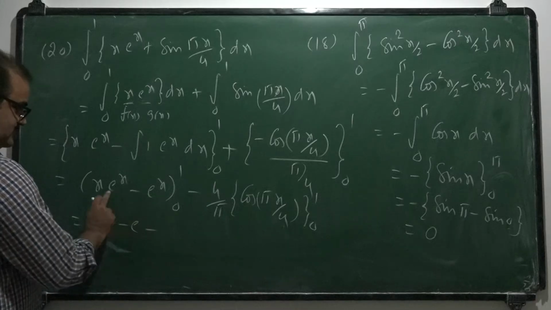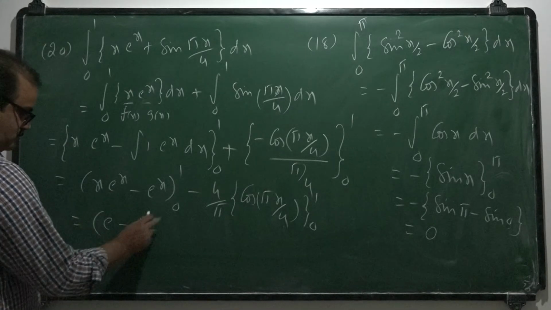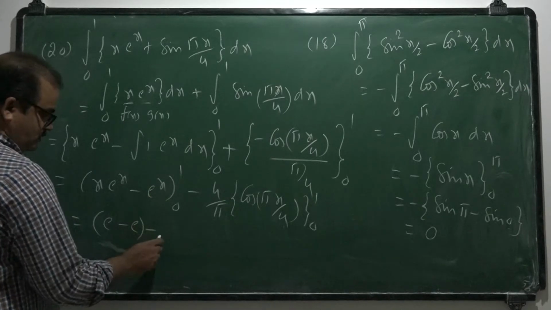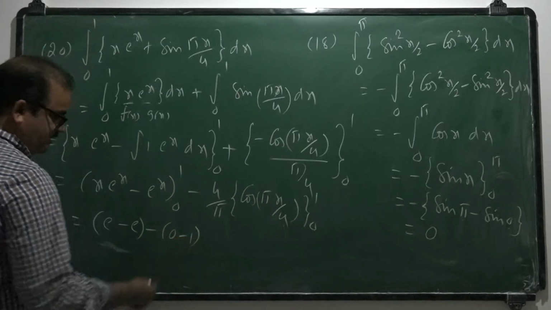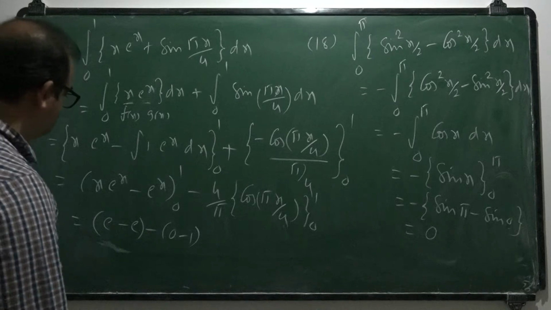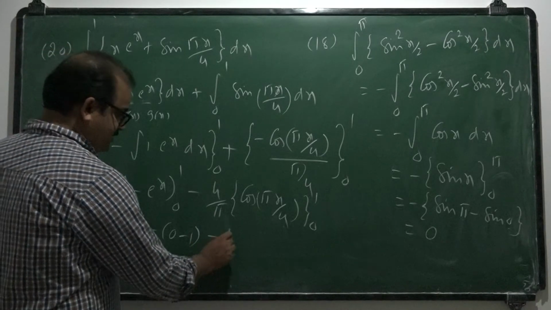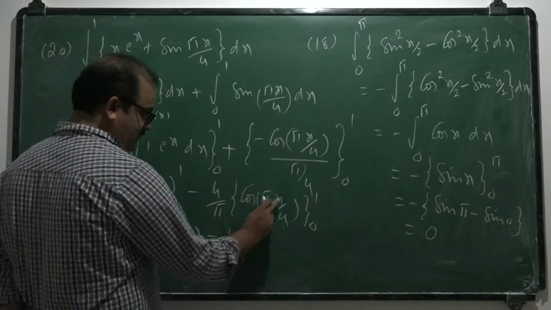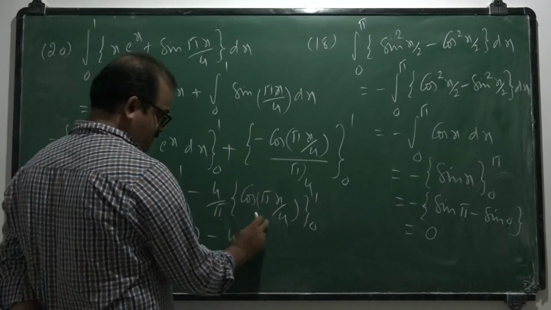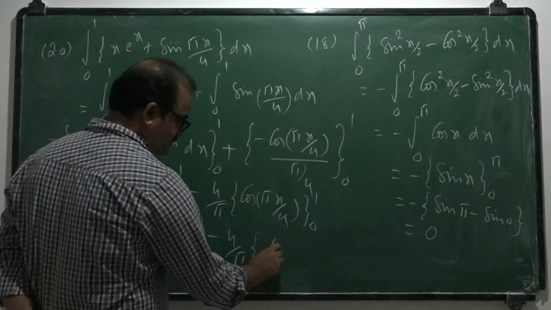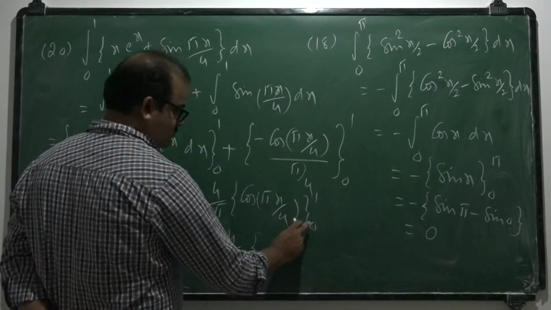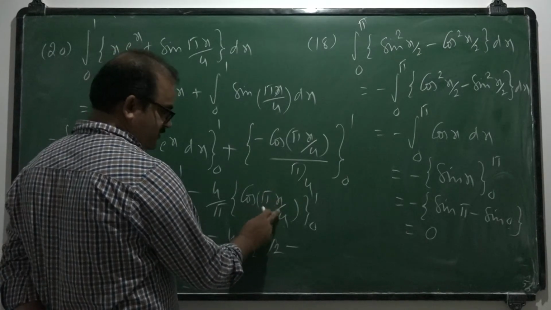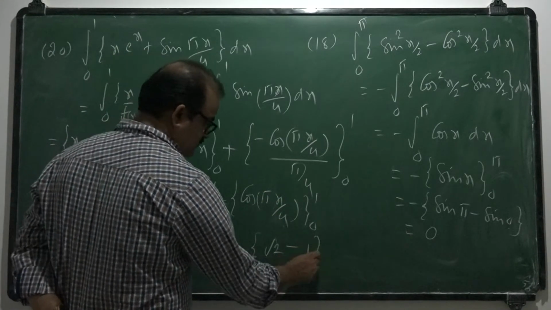Next put x is equal to 0. 0 into anything is 0, minus e power 0, that is 1, minus 4 by pi into, here you put x is equal to 1, it becomes pi by 4, cos pi by 4 is root 2, then put x is equal to 0, 0 and anything is 0, cos 0 is 1.